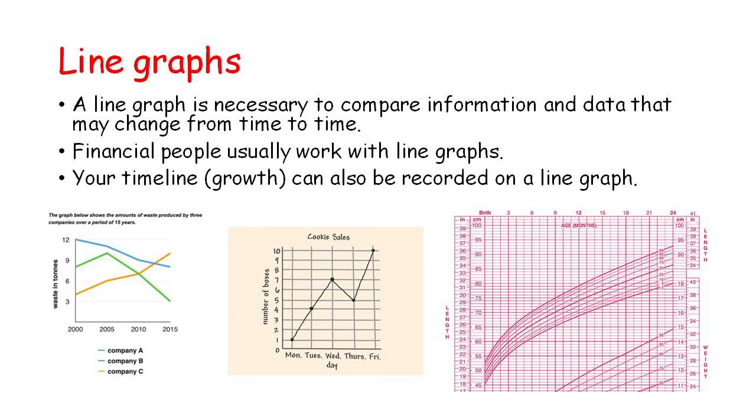So you will see, like for company C, which is yellow, they started off low at only about 4 tons of waste, and then each year it increased and increased. But company A and B started high and slowly started to decrease until it went all the way down by the green company. So it shows over time how things change.